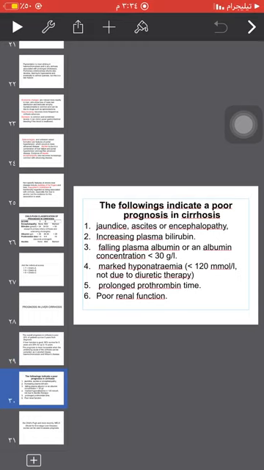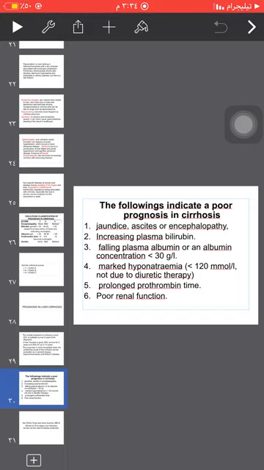What are the indications of the poor prognosis for cirrhosis? الجوندس, ascites or encephalopathy, plasma bilirubin increase, falling in plasma albumin concentration أقل ويصير hypoalbuminemia, marked hyponatremia بسبب الدايوريتك ثيرابي. العفو marked hyponatremia and dilutional hyponatremia ليس بسبب الدايوريتك ثيرابي وإنما بسبب الليفر.